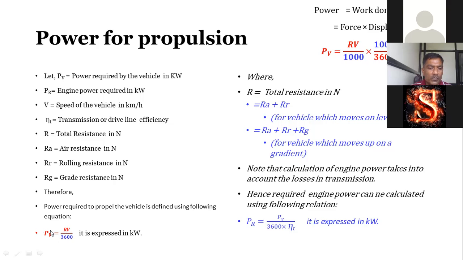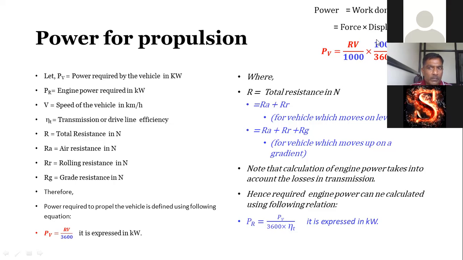So PV is equal to R into V divided by 3600. So you can see this is the formula that we are going to use, but how it is derived, you can check this relation. Power is equal to work done upon time, so force into displacement divided by time.